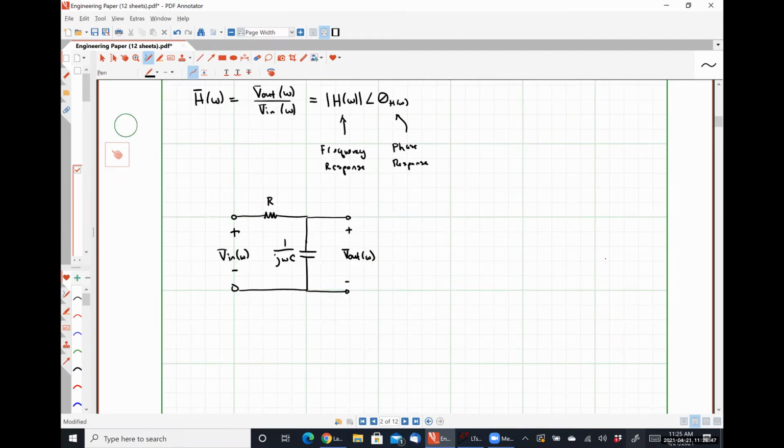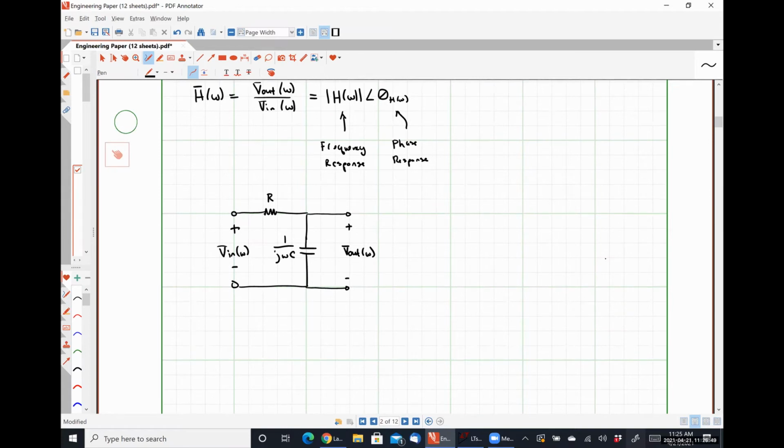So we know that for this particular circuit, V out as a function of omega is going to be the voltage drop over the capacitor.